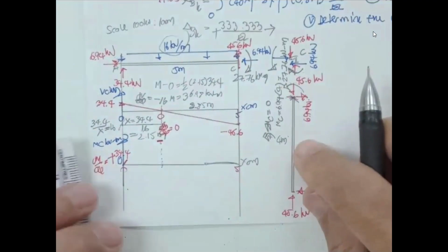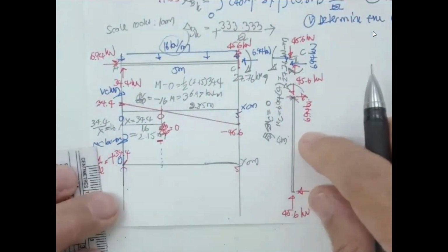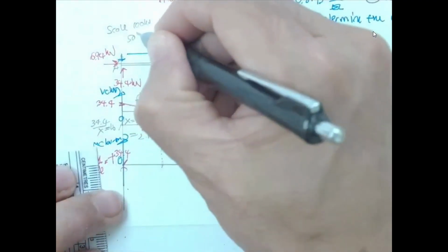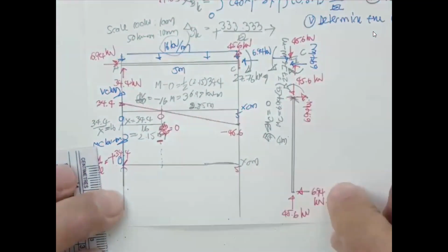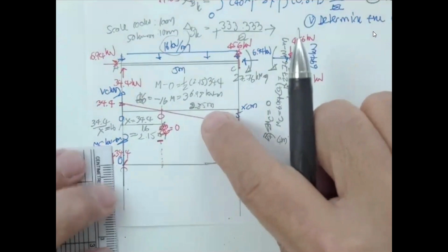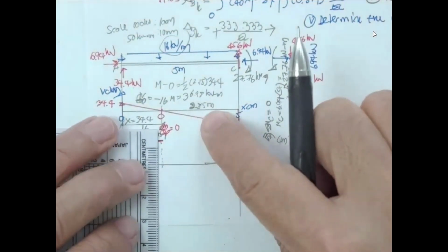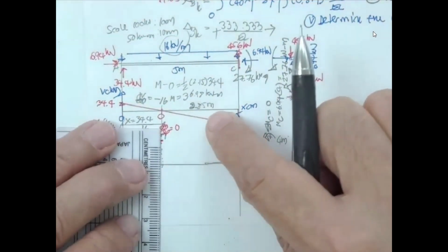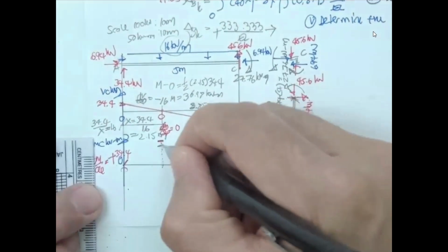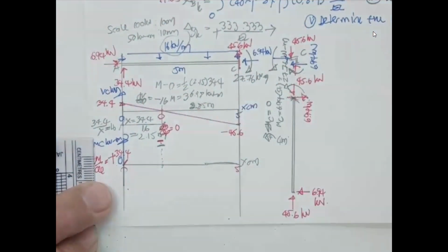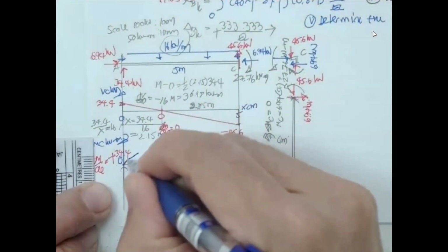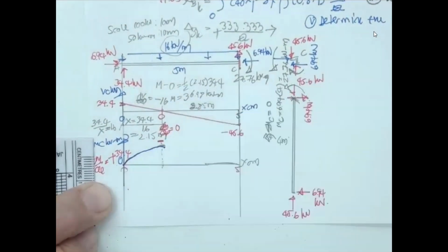Okay, and let's put it to be 50 kilonewton meter per 10 millimeter, and that's going to be 37, about 7 millimeter. It's going to be somewhere over here, and the curve must be up like this one.